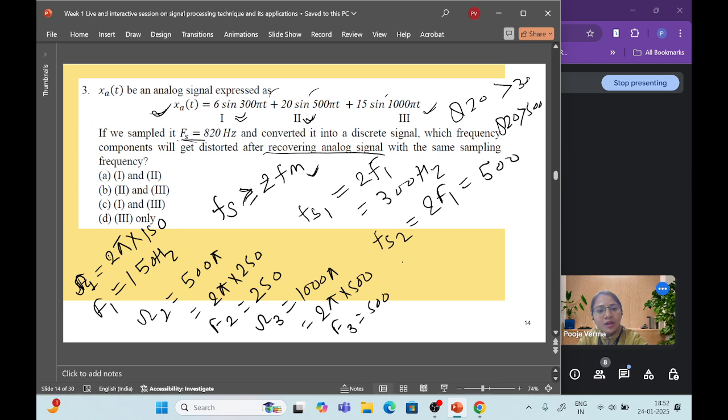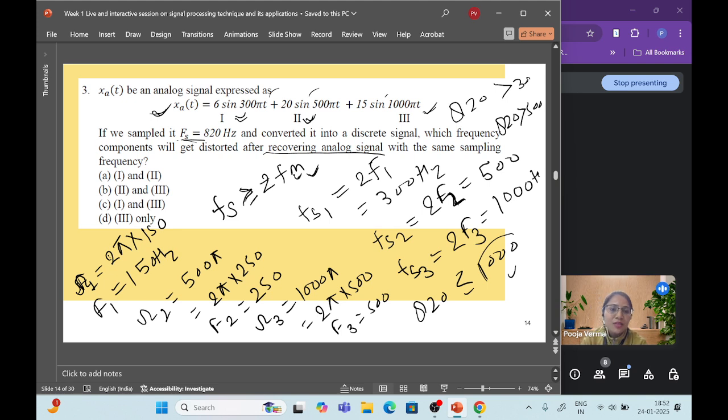Now check for the third one, Fs3, that means 2 F3. F3 is 500 hertz, so it will be 1000 hertz. And here, 820 is less than 1000 hertz. So 2 Fm is greater than Fs, which means the third frequency component will get distorted.